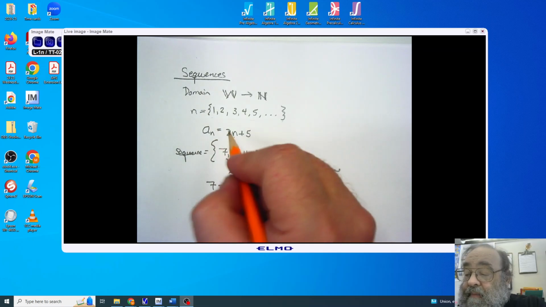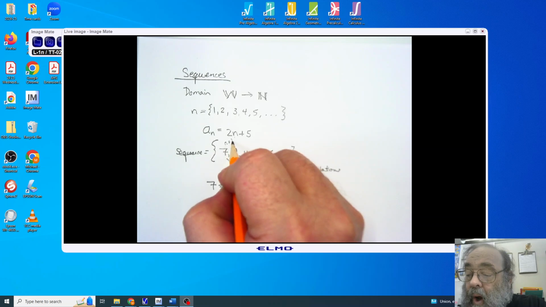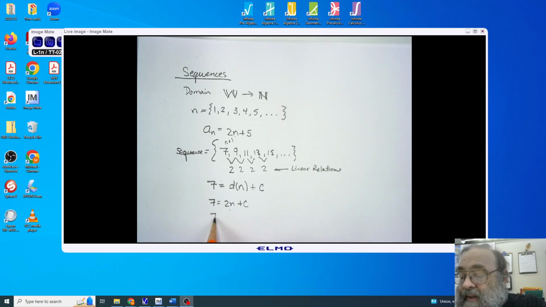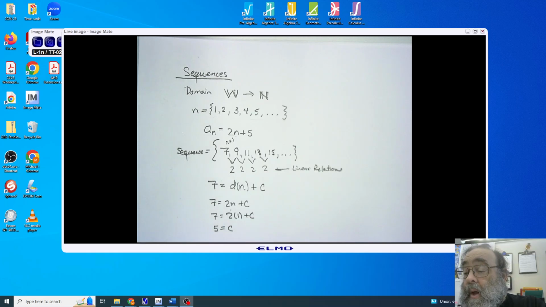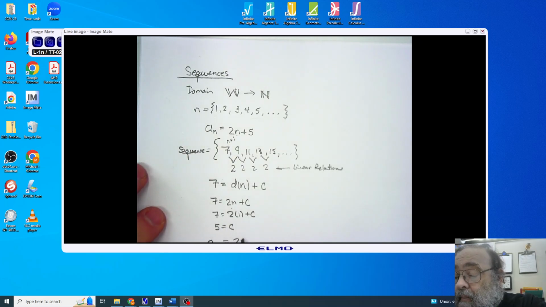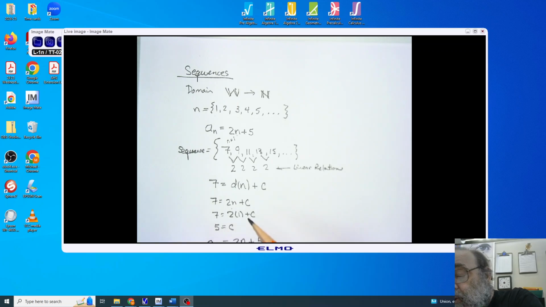But 7 came from n equaling 1, which means that I can put in the 1, and 7 equals 2 times 1 plus c, which means that 5 is equal to c. That now allows me to say that a sub n has a common difference 2 multiplied by n plus 5. And this is how we work backward to find the rule.